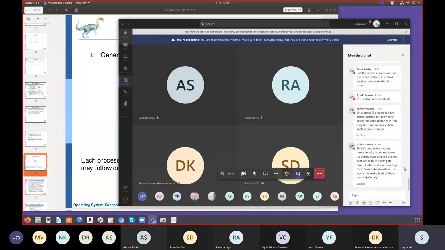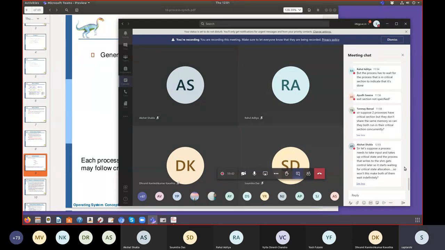A critical section, intuitively, I hope you understand, should be as small as possible, and it should only be used to modify shared variables, etc. So maybe you can write such a program, but the idea of critical section is not to take user input or do I/O.